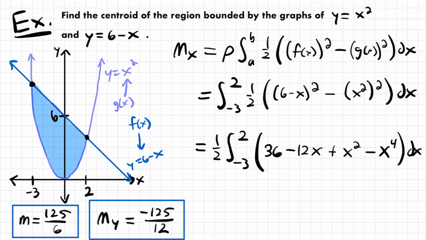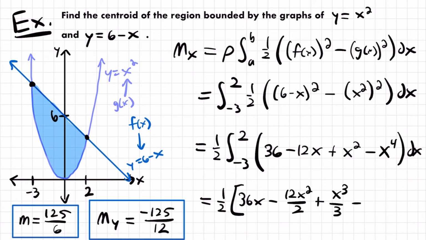Okay, and so now we can integrate each of these terms, and so we'll have that this is equal to 1/2 times 36x minus 12x squared divided by 2 plus x cubed divided by 3 minus x to the 5th power divided by 5, evaluated from -3 to 2. Okay, so we use the power rule of integration on these last 3 terms by adding 1 to each exponent and then dividing them by their new exponents.